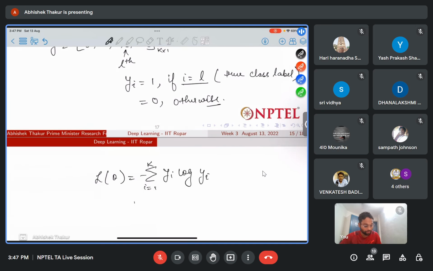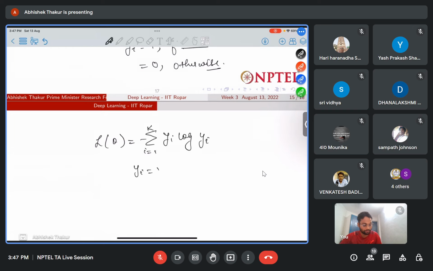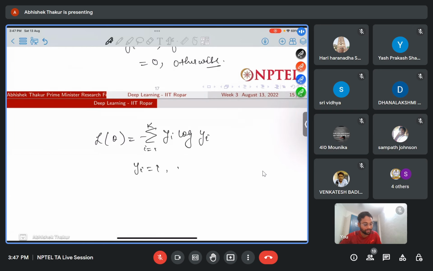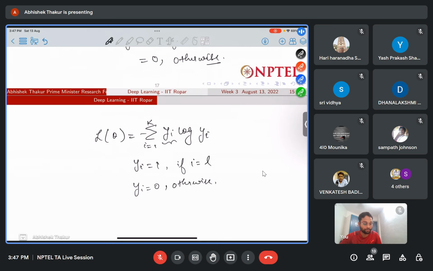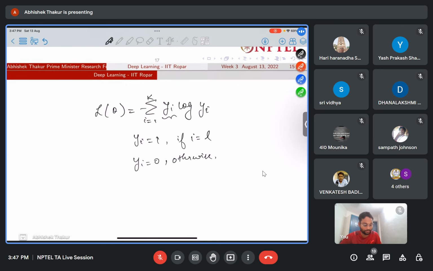Here yi is equal to 1 if i is equal to L, and yi is equal to 0 otherwise. So for all other values, yi will be 0, so the multiplication will be 0, and we will ignore those terms in this summation.